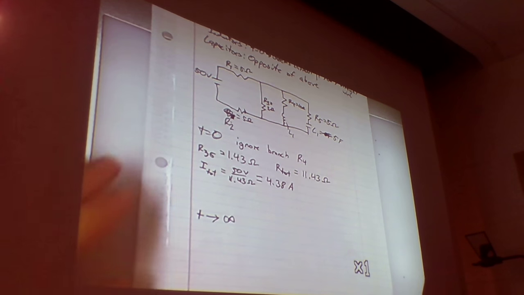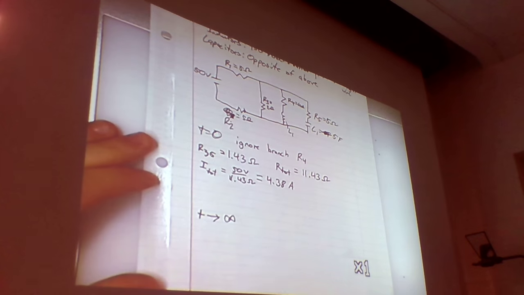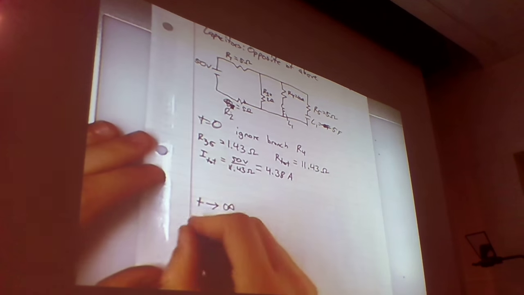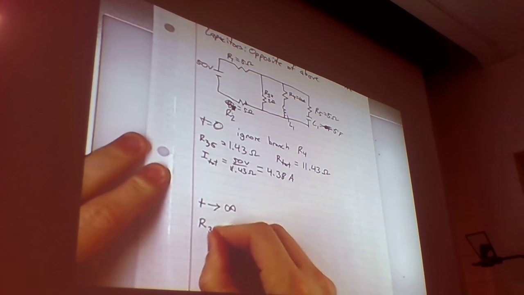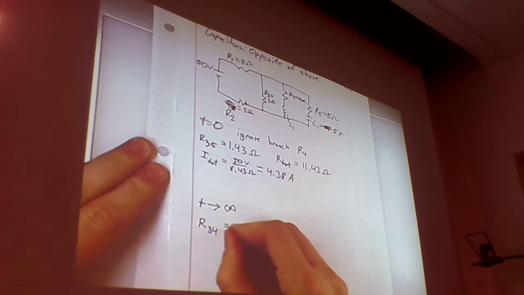Now what is being blocked? 5. Perfect. So we are going to do R3,4 because 3 and 4 are in parallel, and that's 1 over 2 plus 1 over 10, inverse. 0.5 plus 0.1 is 0.6. I got like 1.67. Okay, gonna go with that.